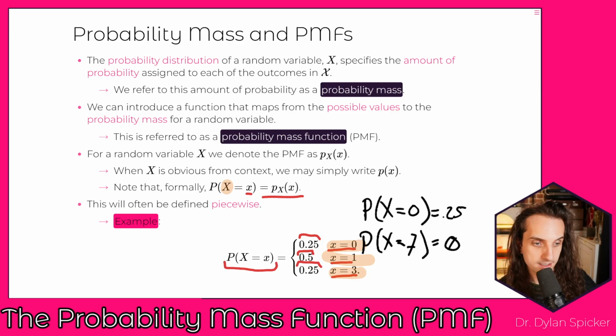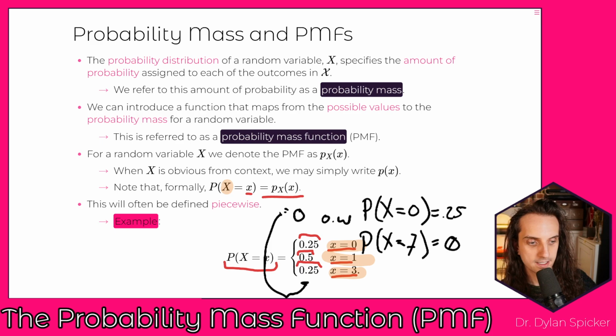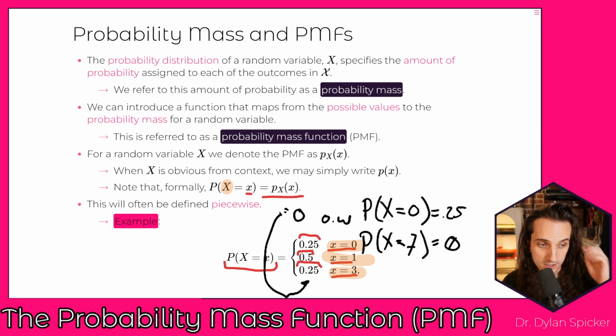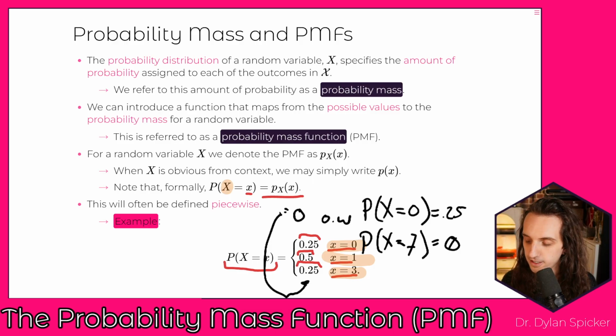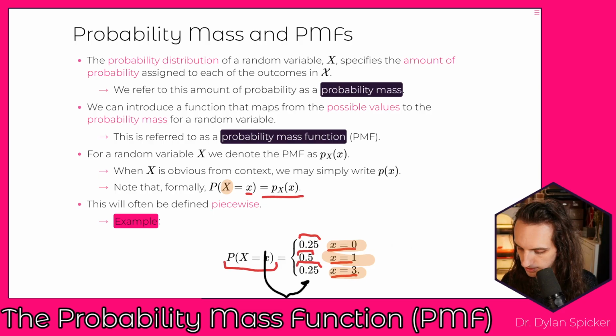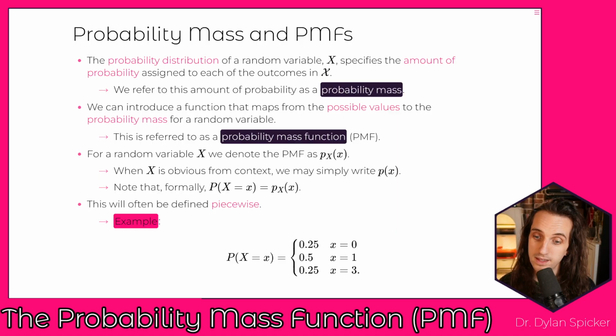Sometimes we might write this explicitly, so we might say 0 otherwise, and you'd normally put this down at the bottom. But if we don't write that in, then we just assume any value that's not listed gets a probability of 0. And so that is often how we will express our PMFs.